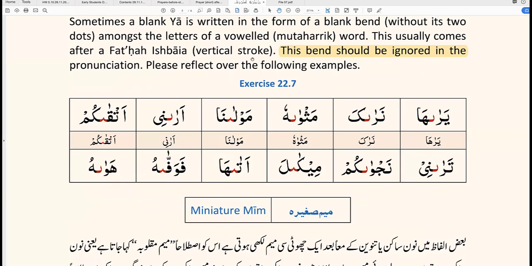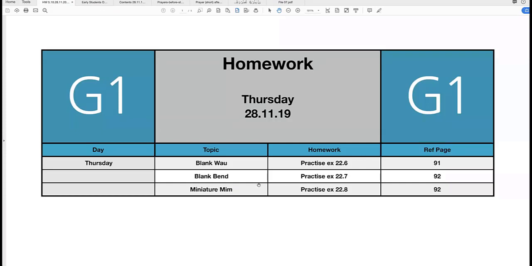Okay, so let's go to the homework. Here we are. Today what you need to do is you need to practice the exercises that we did today, which was the blank wow and the blank bend. The exercises are 22.6 and 22.7. And if you have the hardback book, it's page 91 and 92. Ignore this here, okay?